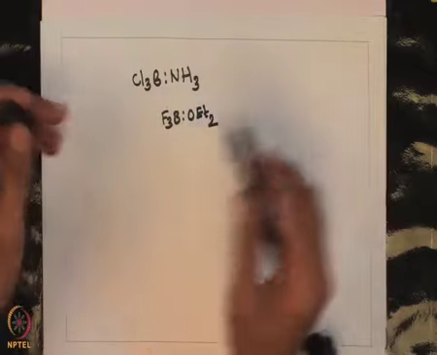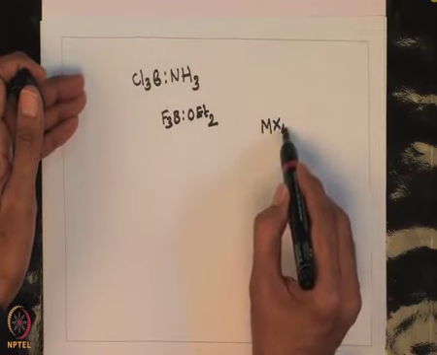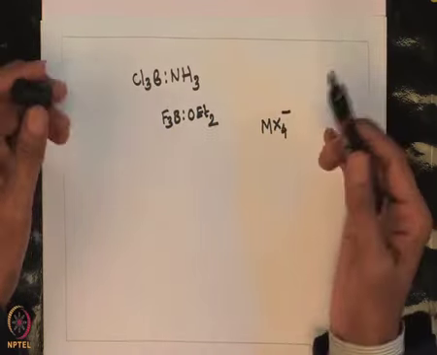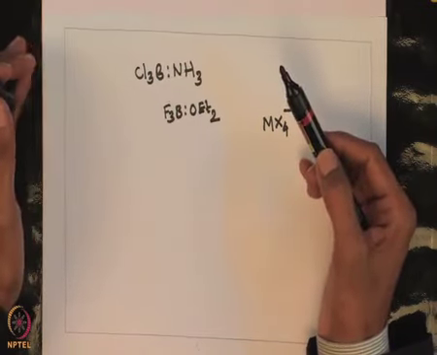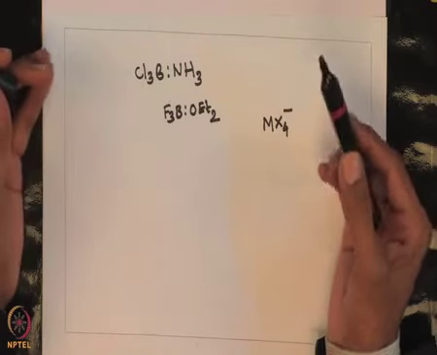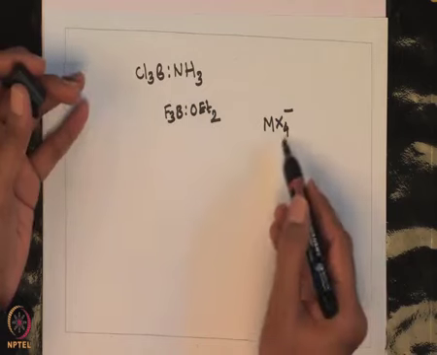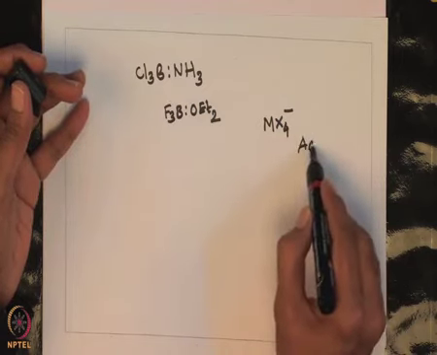So, the formation of anions of the type MX4 minus is also because of the Lewis acidic properties of boron trihalides or trihalides of group 13 elements, and this is essentially nothing but acid-base complex formation.